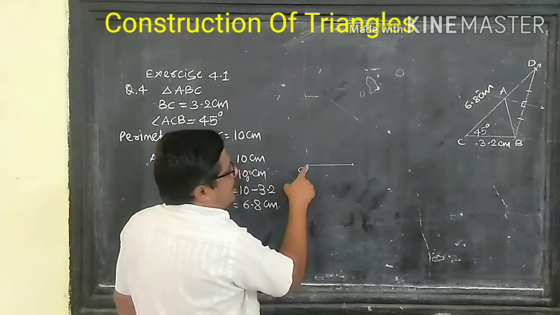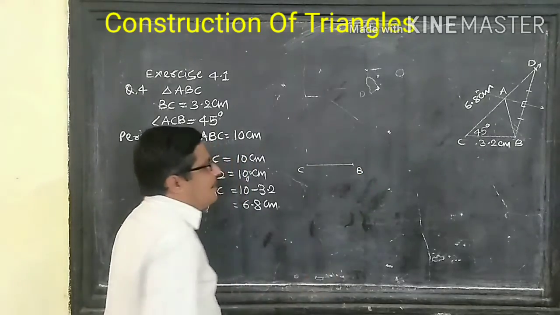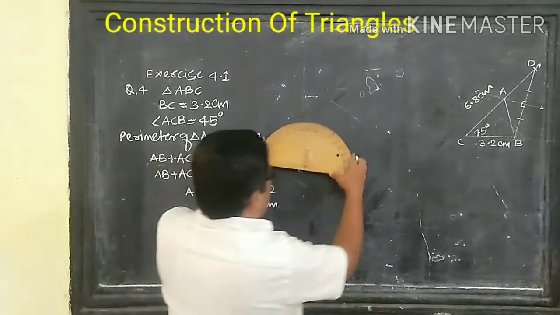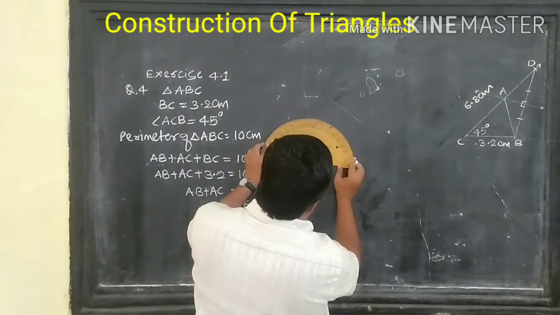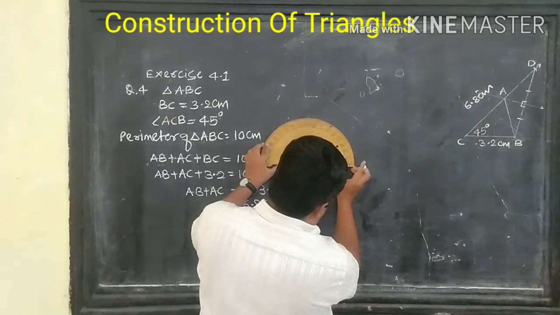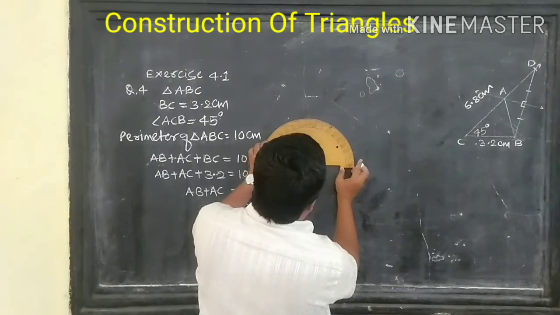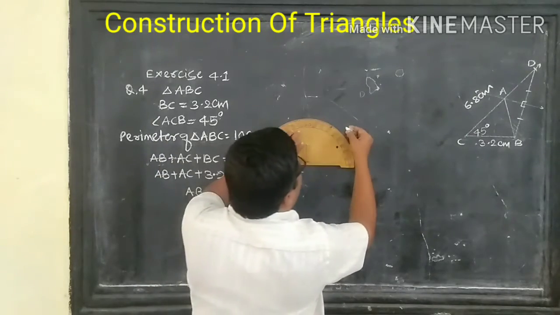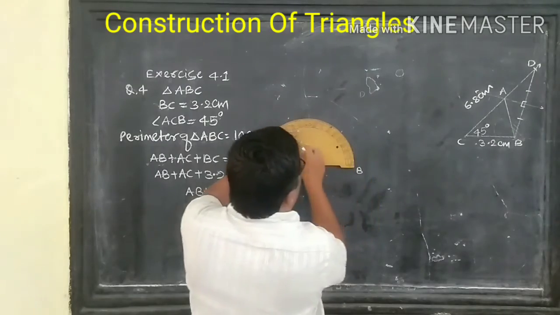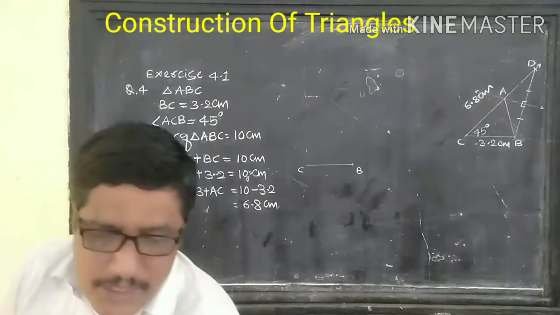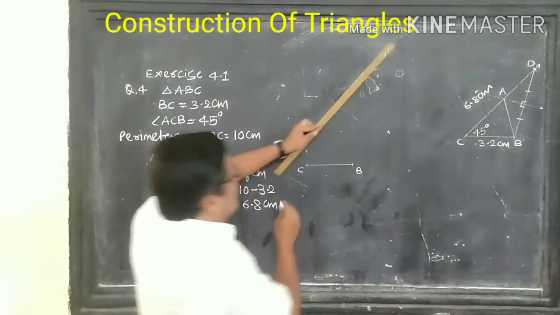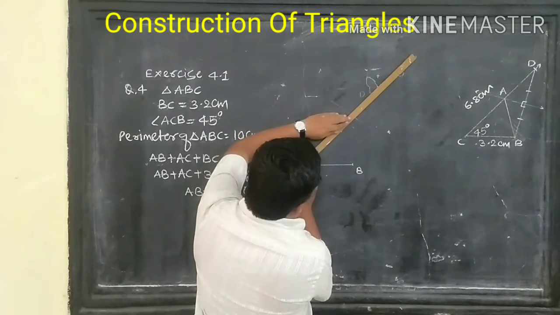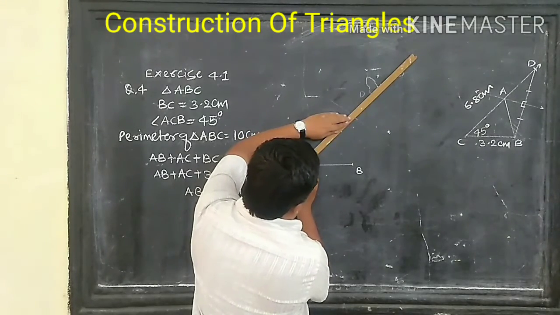Here we are writing point C and here it will be B. Now angle of measure 45 degree. So put this protractor at point C and then we have to start measuring from this side. So measure 45 degree will be here. After getting the measure 45 degree, we have to draw a longer ray.